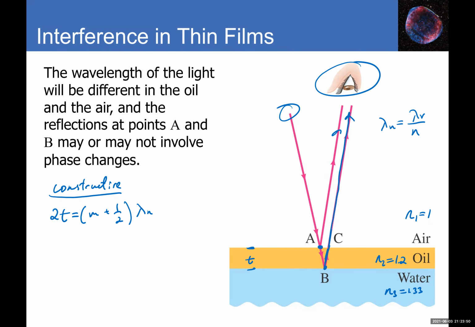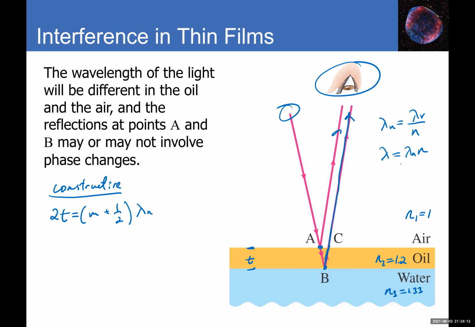Since then, I can rewrite lambda, which is lambda in vacuum or air. I can just drop the subscript, which means it's vacuum or air. Then this is equal to lambda n times n.